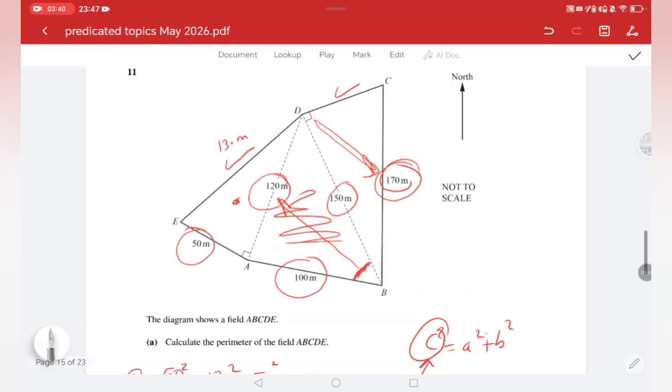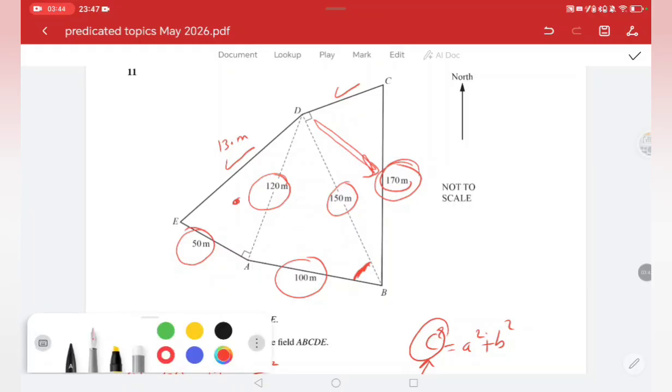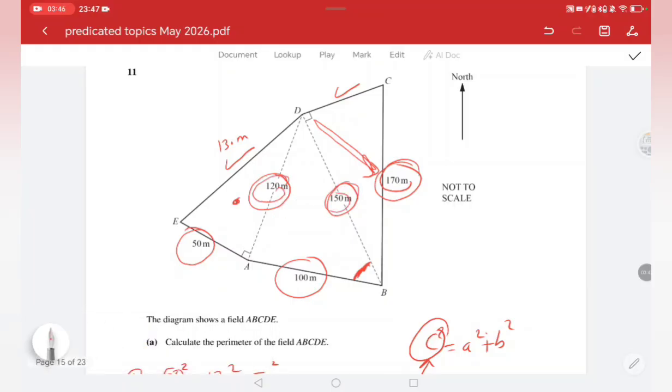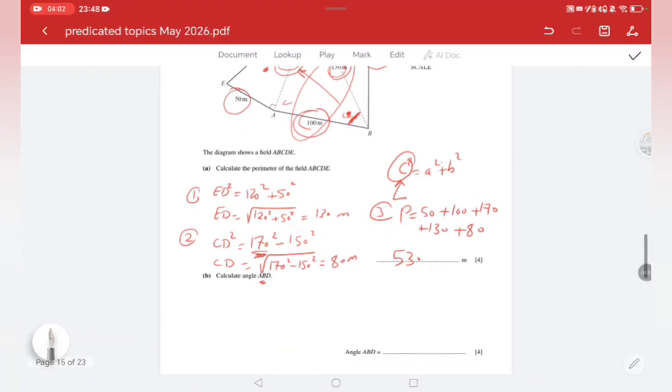In general, you should know that we use the cosine rule if we have three sides and we need to find any angle, or if we have two sides and the angle between them and we need to find the third side. These are the two cases of using the cosine rule. So let's use the cosine rule.